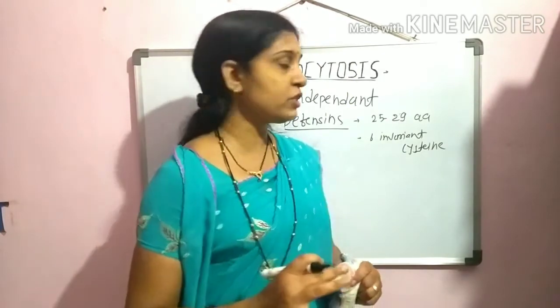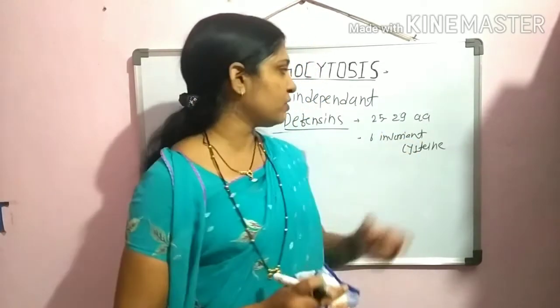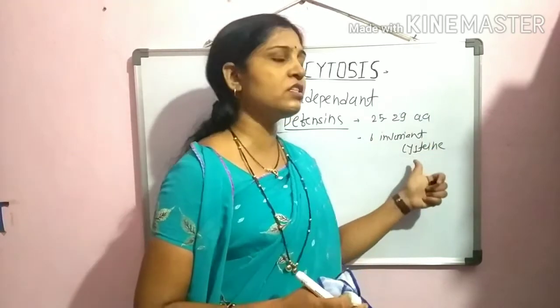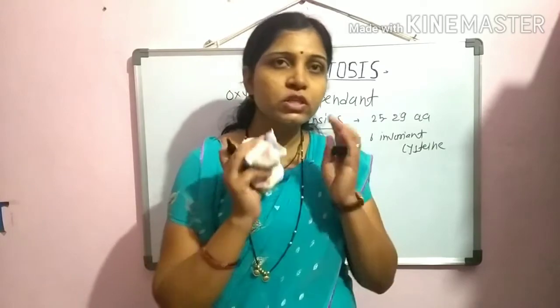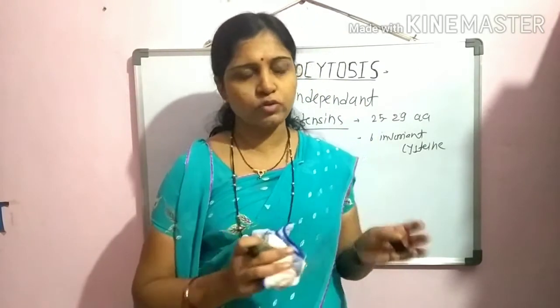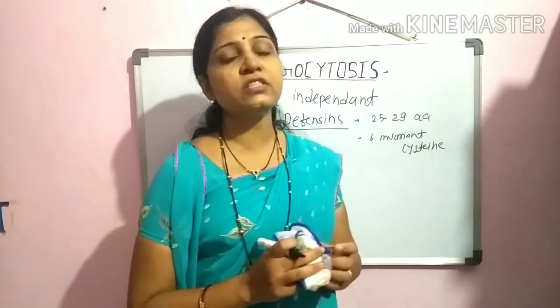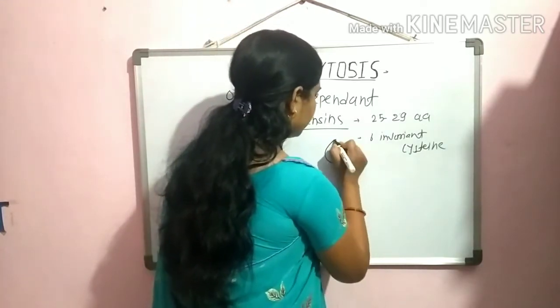These are preferentially present within this peptide, which has 25 to 29 amino acids. Now we know that 2 cysteine residues are responsible for forming disulfide bonds. So whenever these defensins are produced, they form a circular structure.